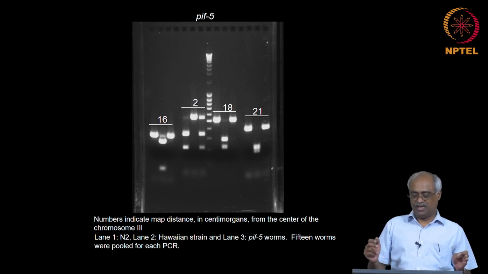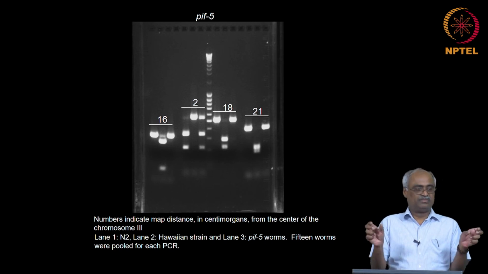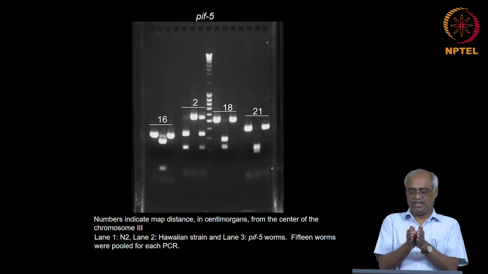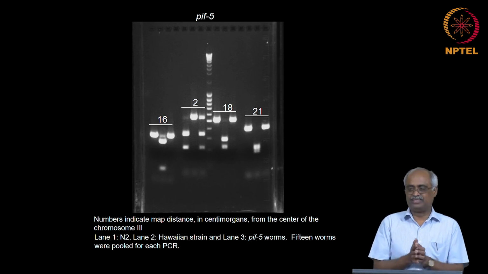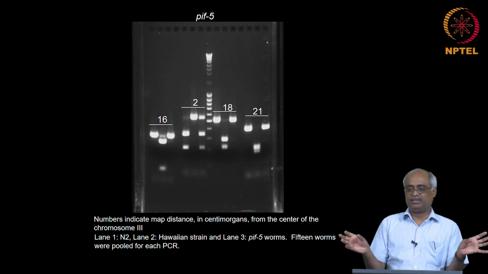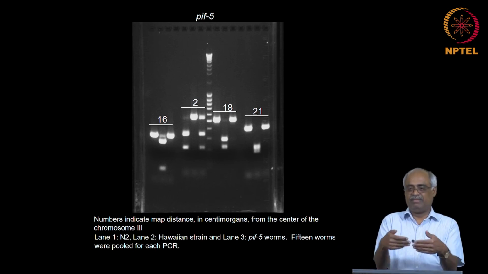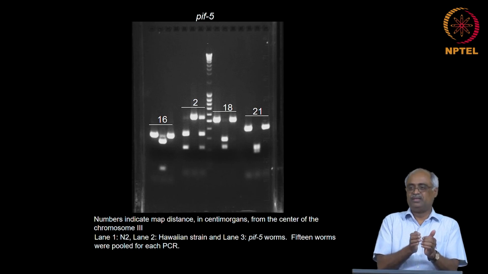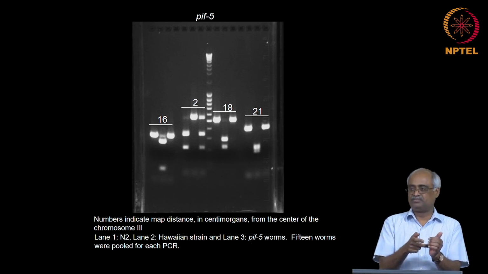Say, for example, I have 2 primers that flank a given base where an SNP exists. Let us say I amplify a 500 base pair product using the 2 primers, and in between there is a base where it varies between N2 and Hawaiian.